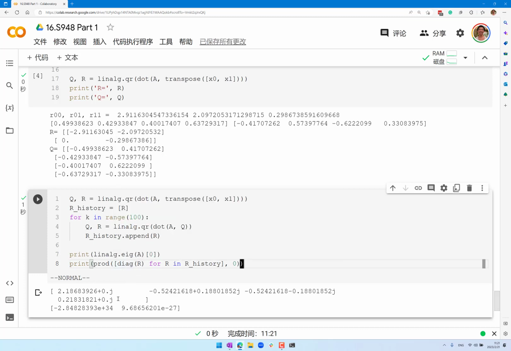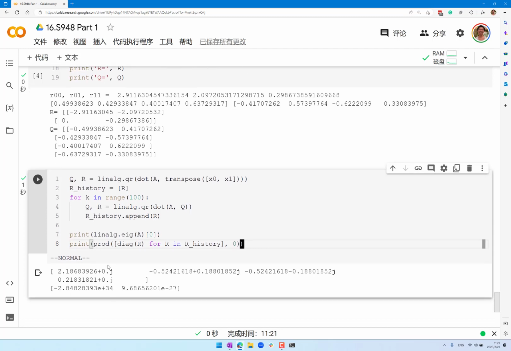Okay, so this is what we have. So let's first take a look at the matrix and identify the two largest eigenvalues. The two largest eigenvalues means the two that have the largest magnitude, right? And it turns out one of them is this one, and the second one, unfortunately, is a pair of complex eigenvalues.